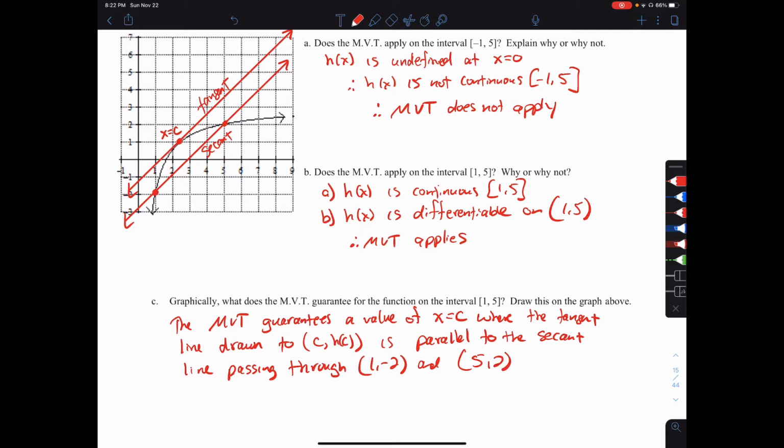Now, when you're going to do the mean value theorem, it's not going to be so wordy. Right now, we're just trying to gain an understanding.